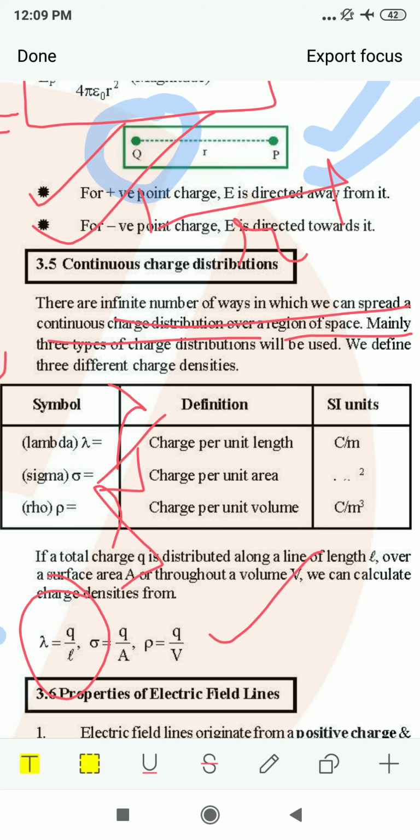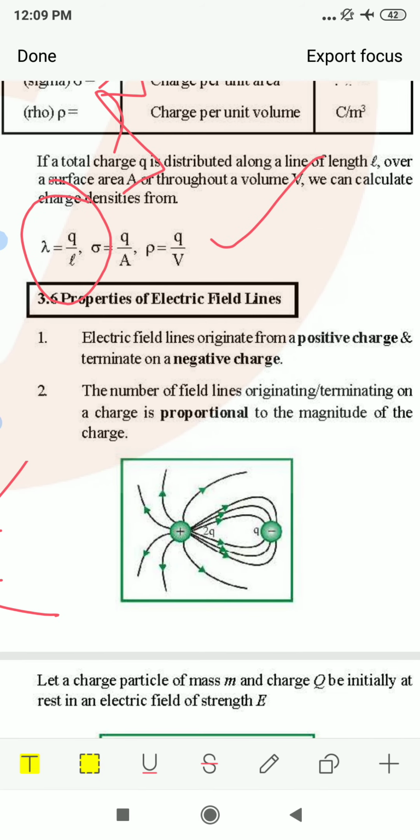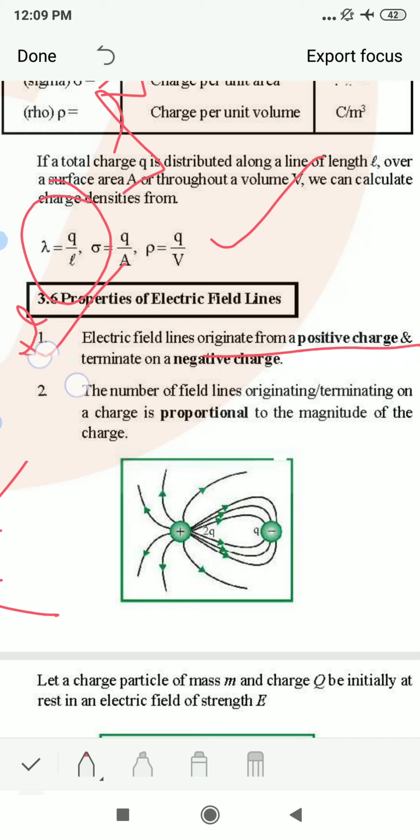The next comes the properties of electric field lines. The first property is electric field lines originate from a positive charge and terminate at a negative charge. This you can say is very important.